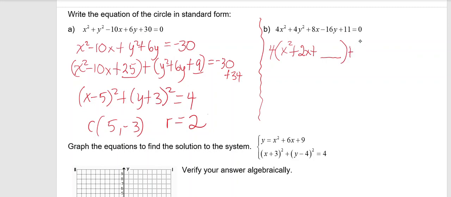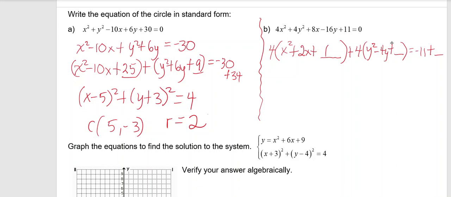I'm going to leave my space there to add whatever I need to add to make that a perfect square, and then factor the 4 out of my y terms, y squared minus 4y plus whatever it's going to be, and that's going to be negative 11 plus whatever I end up adding on the left side. All right, so of course here it's going to be 1.